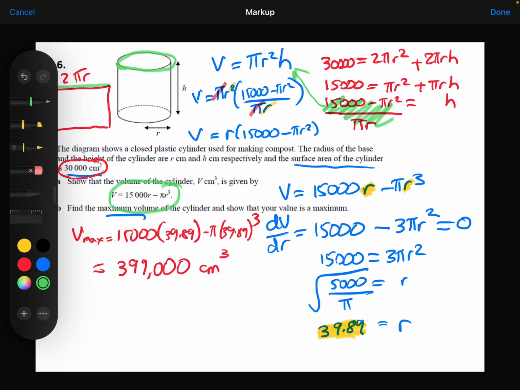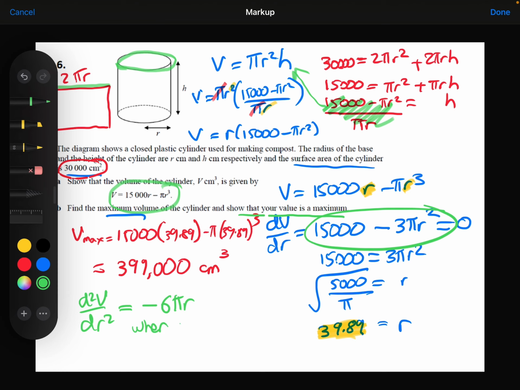Last bit of the question, we do need to show that this is actually a maximum. So to do that, we're going to differentiate for the second time. So differentiating this again, the 15,000 will differentiate to be 0. The minus 3 pi r squared will differentiate to be minus 6 pi r.